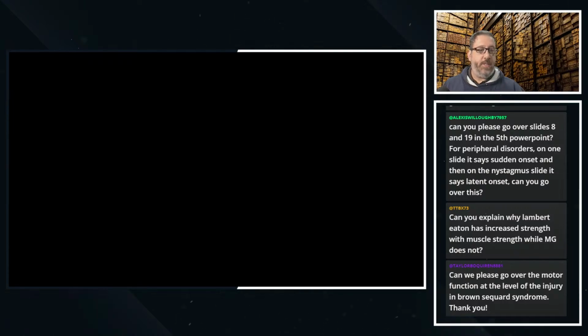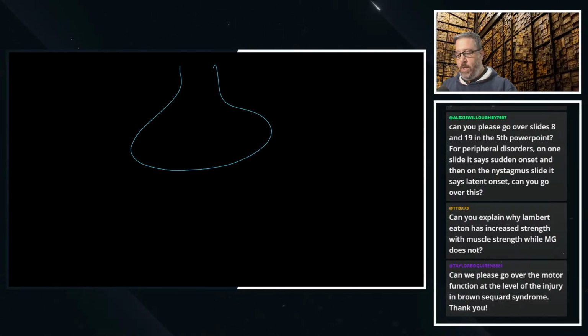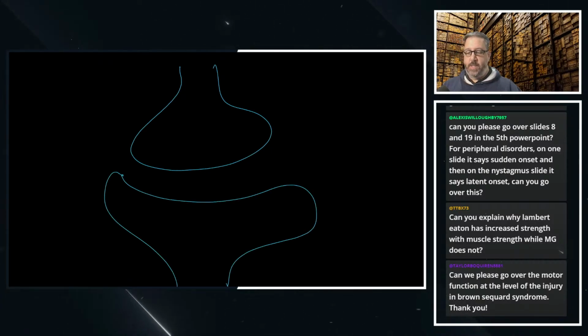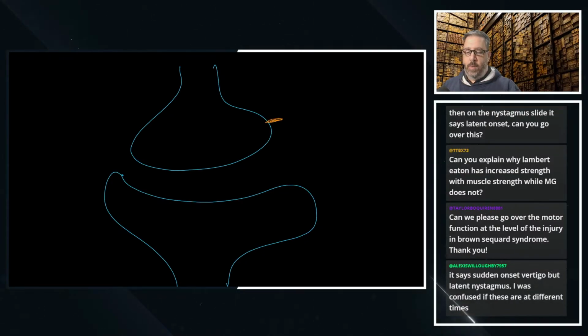Next question is regarding Lambert-Eaton, with increased muscle strength, while myasthenia gravis does not. So let's talk about what's going on with these two different diseases. Lambert-Eaton is a problem with the calcium channel.